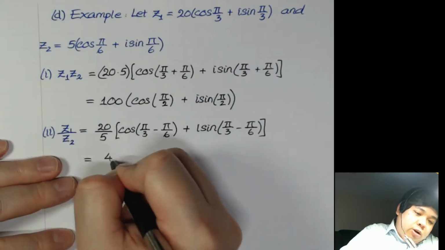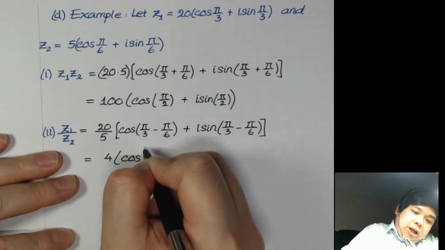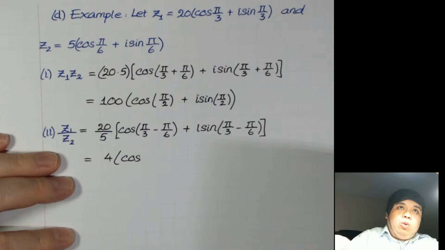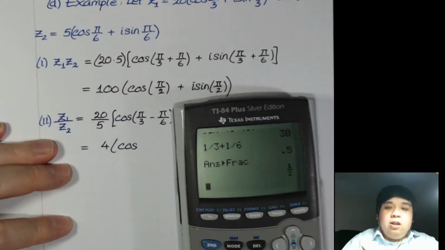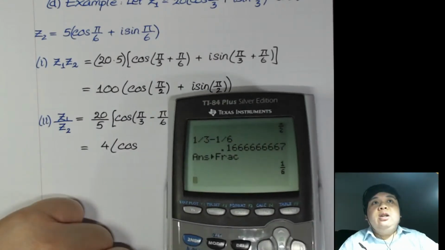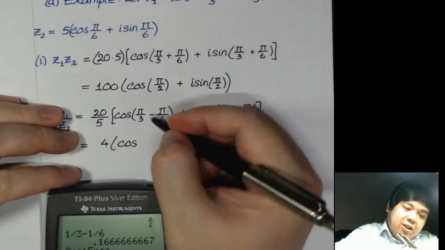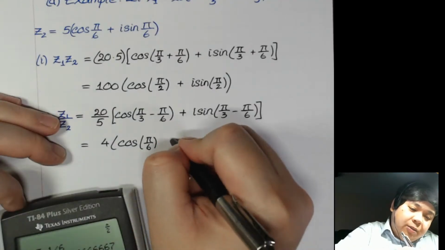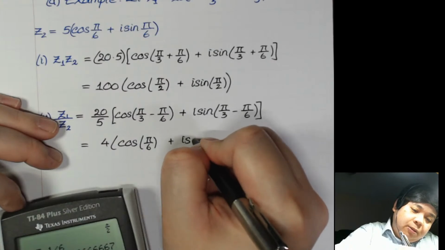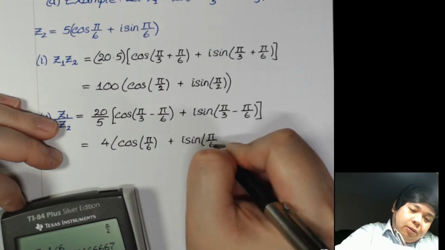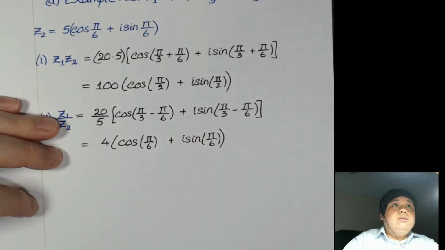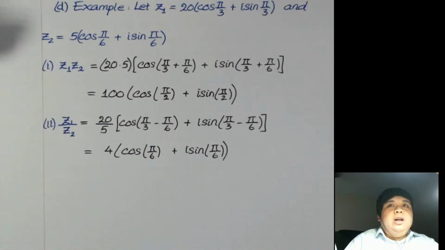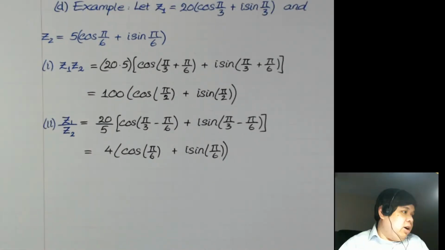That gives us 4, and 1 over 3 minus 1 over 6. 1 over 3 minus 1 over 6 is 1 over 6, and we stick a pi to it. Right. So that is multiply and divide.